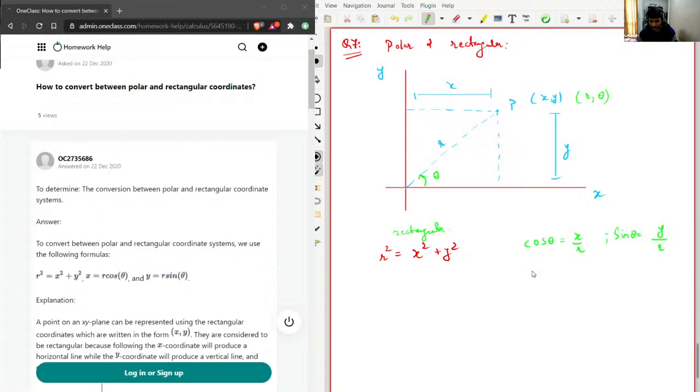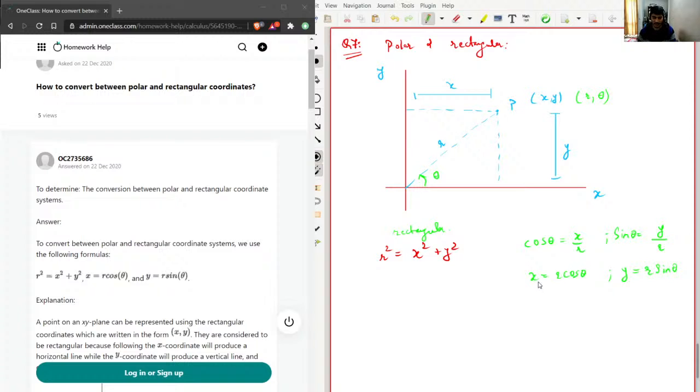So I can write this as x equal to r cos theta, y equal to r sine theta.